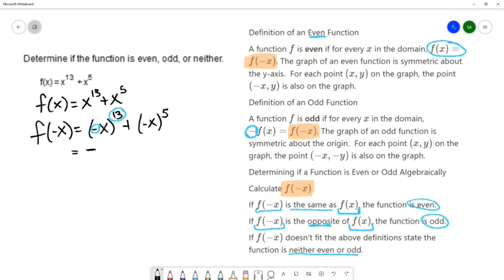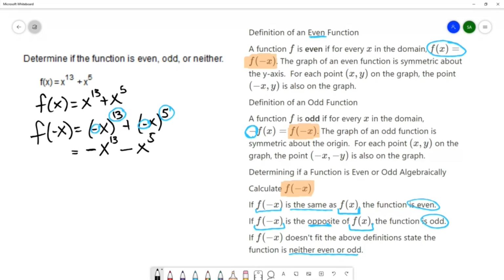So this is going to be negative x to the 13th. And once again, we have an odd number of negatives, and that is negative x to the 5th.